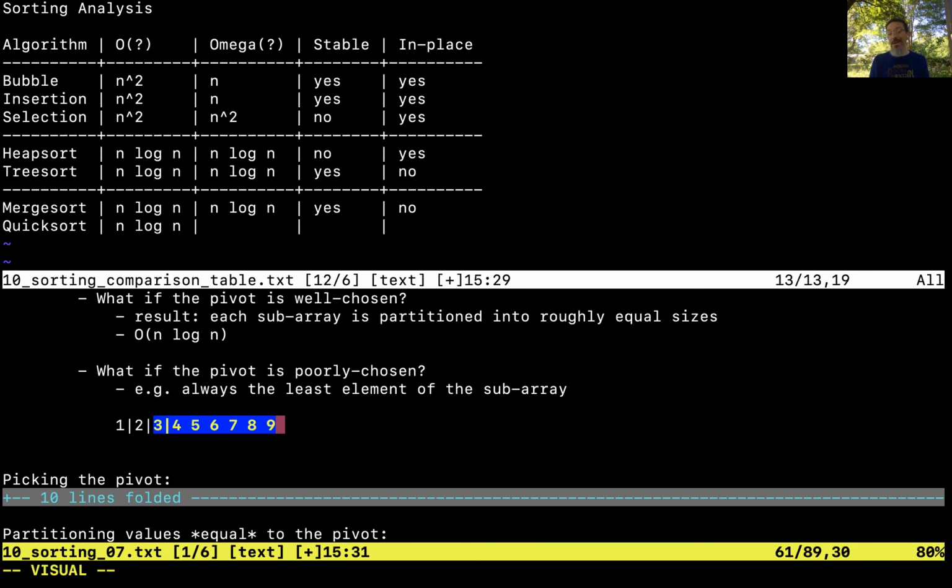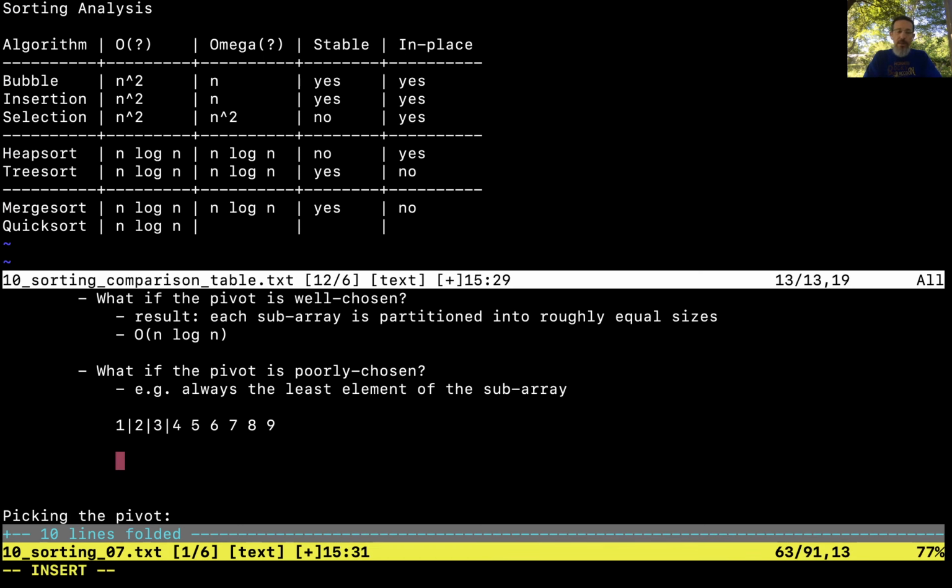So what's the running time of that? Well, every time you do that, you're incurring a cost of order length of the array for the partition. But that length of that partition is not going down by a factor of 2 every time. It's going down by just 1 every time. So this is going to be n for the first partition plus n minus 1 for the second partition.